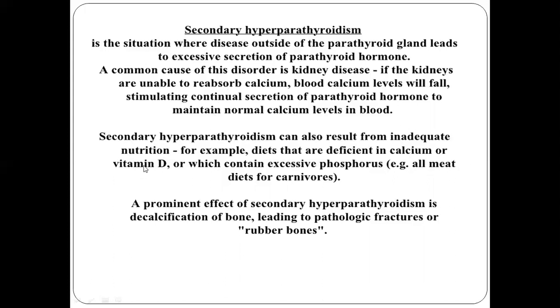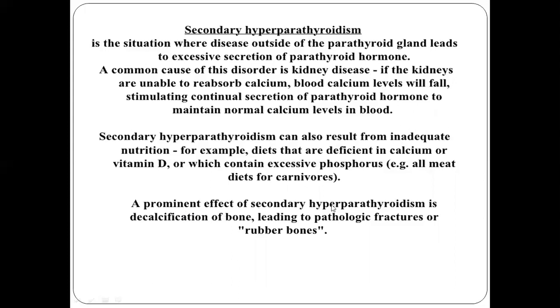Inadequate nutrition: the patient is malnourished, and the diets are deficient in calcium and vitamin D. Those patients who are malnourished and not taking proper calcium and vitamin D also suffer from secondary parathyroidism. Whenever the calcium level is decreased in the blood, the parathyroid glands release an increased amount of parathyroid hormone. So this is a normal phenomenon.